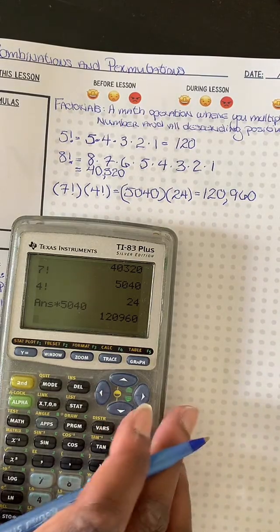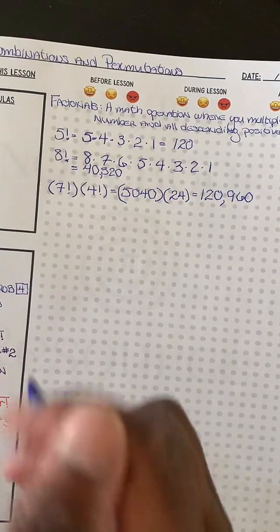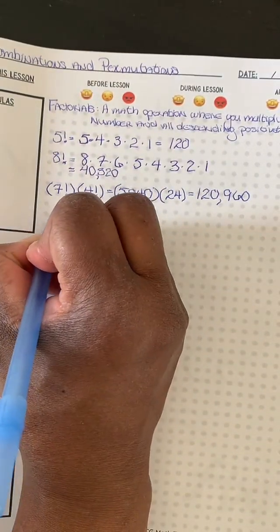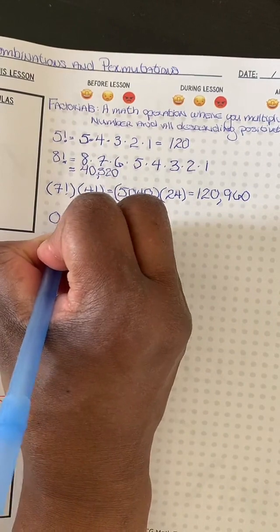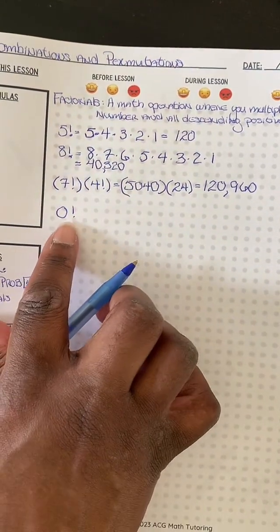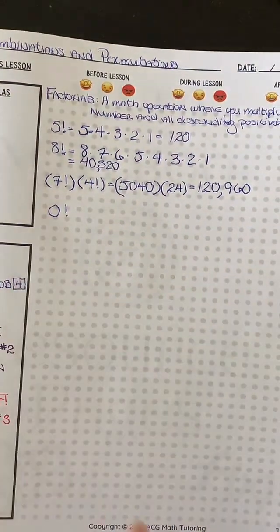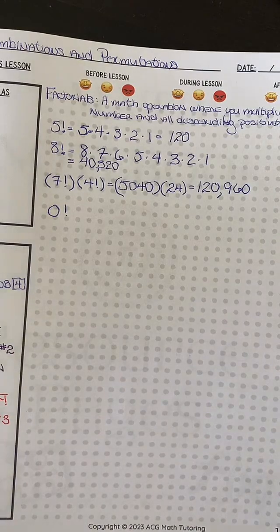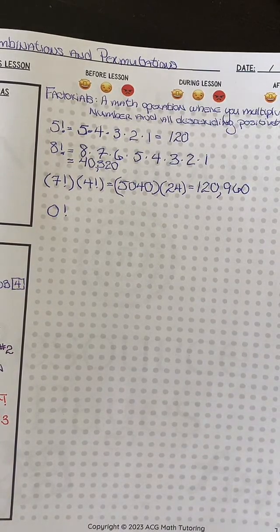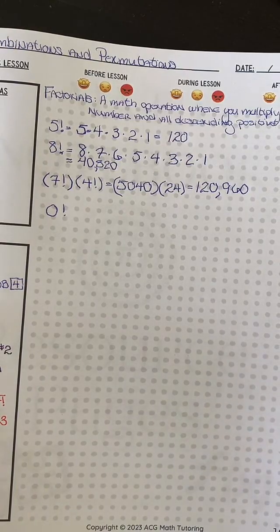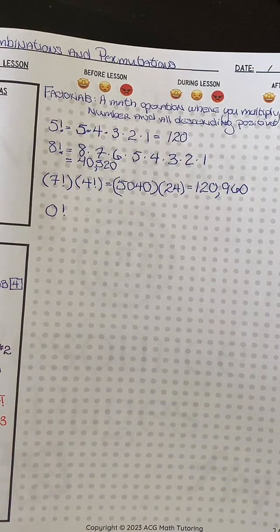Okay? Now, another one is 0 factorial. Just like if I said anything raised to the 0 power, our answer should be 1. Just like with exponents, anything raised to the 0 power is 1.